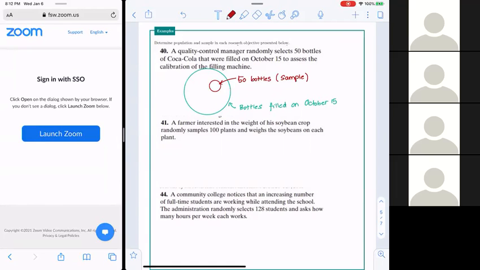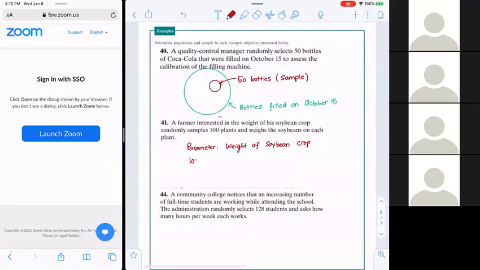The farmer is interested in the weight of the soybean crop. And he collects 100 plants, so he is sampling 100 plants.